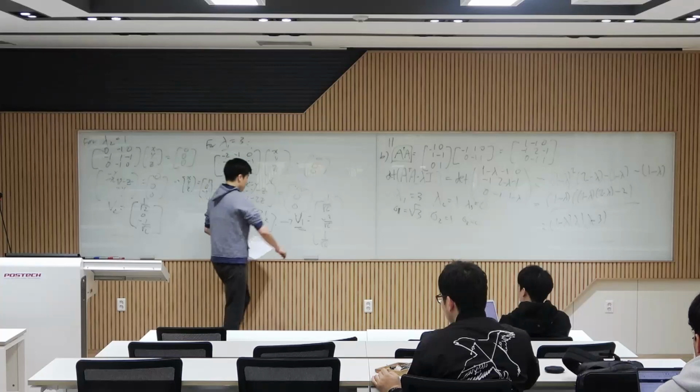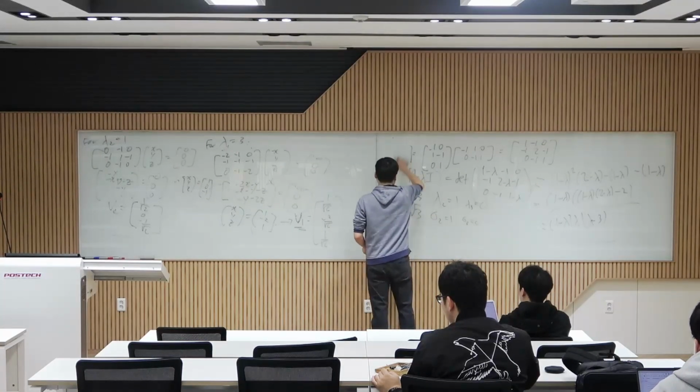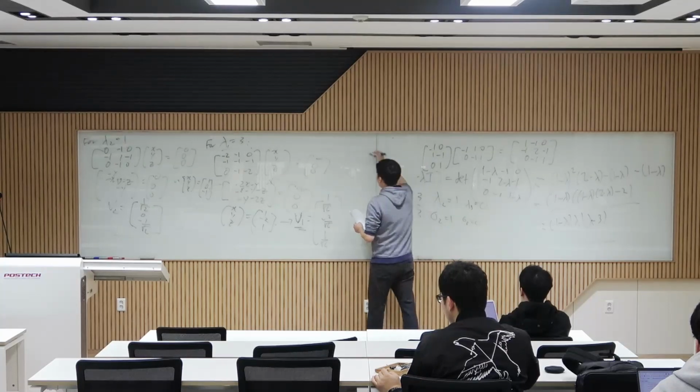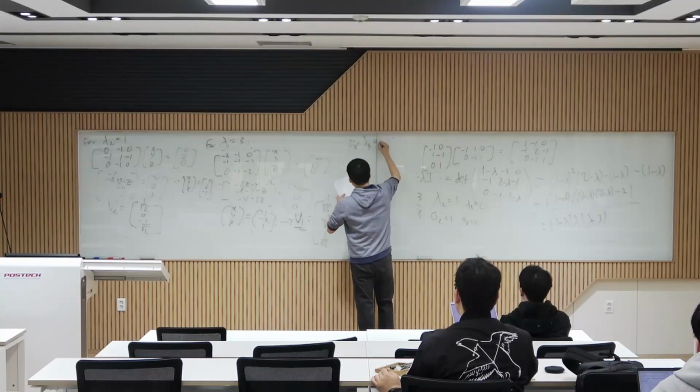Now we want to find our third eigenvector for lambda 3 is equal to 0.